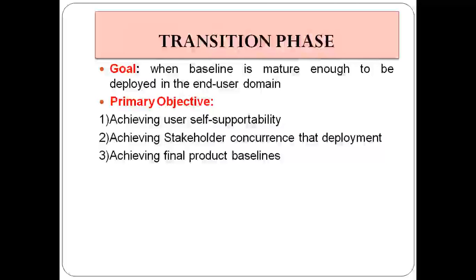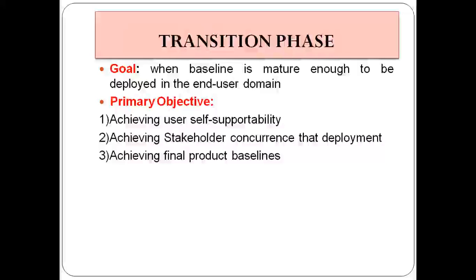For this, we need a usable subset of the system achieved with acceptable quality levels, and along with that we have to provide user documentation so that our transition to the users will provide positive results.